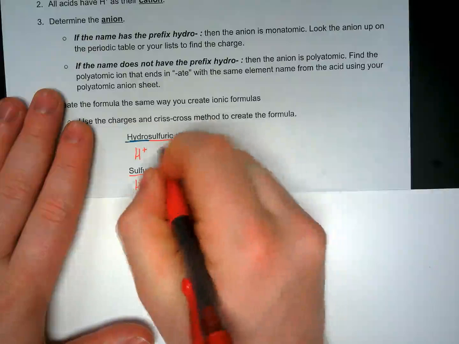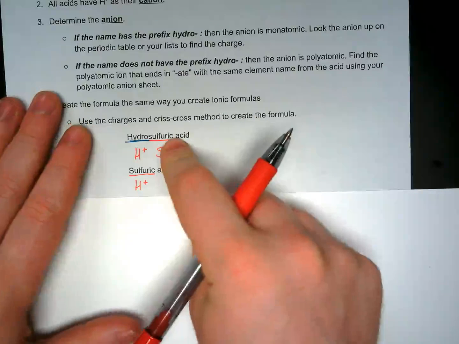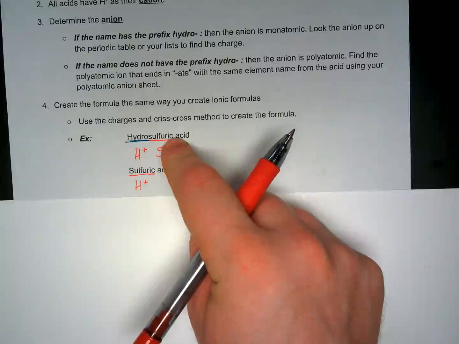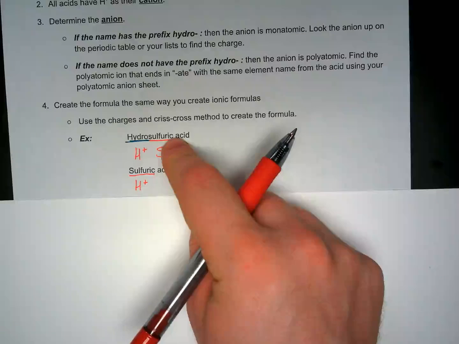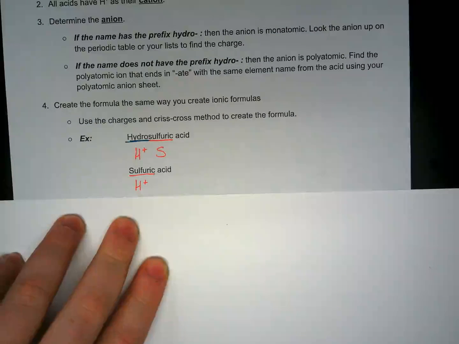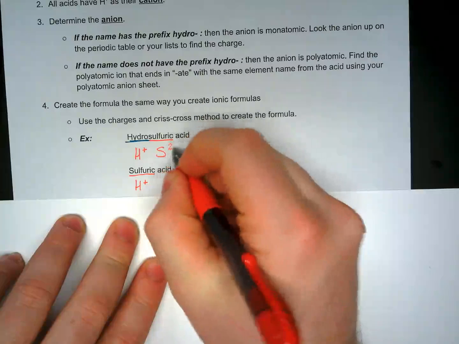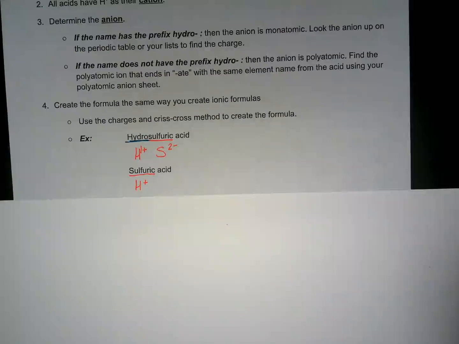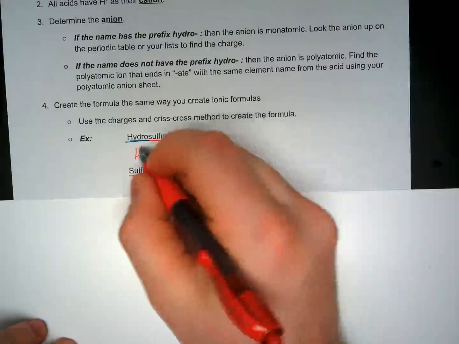So I'm going to write S. I'm going to look on my periodic table or my monatomic list and see what its charge is. I'm going to look at the periodic table. It's under oxygen, so it's going to be 2 negative. What do you think we've got to do now? Crisscross, silly willy.